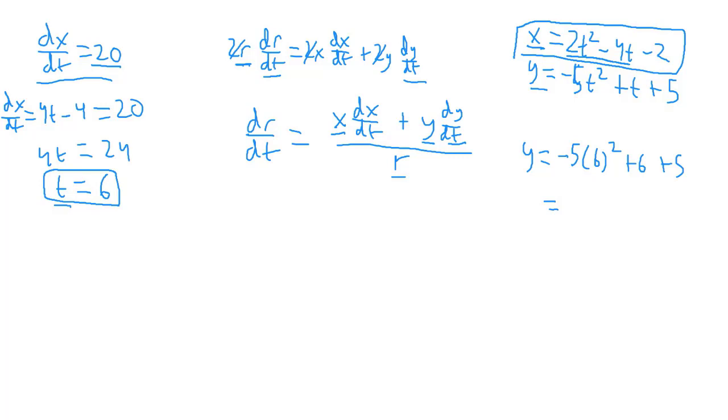Oh yeah, so y is equal to negative 169. Our x is equal to 2 times 6 squared minus 4 times 6 minus 2, which equals 72. I think 46, but I can check to make sure.